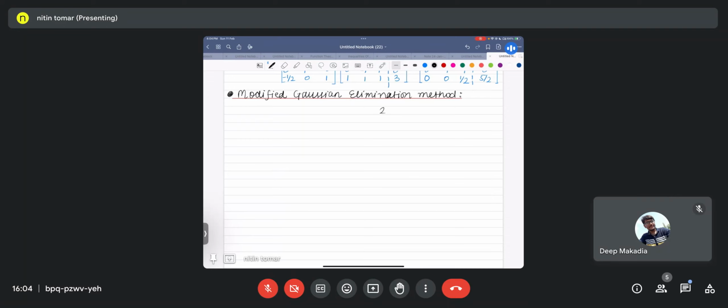For example, if I give you this system: 2x plus 2y equal to 0, y plus 2z equal to 3, x plus 3y minus z equal to 3, and 2x plus y plus z equal to 4, and I ask you to apply the naive Gaussian elimination method, then you will say the method fails, right? Am I correct?